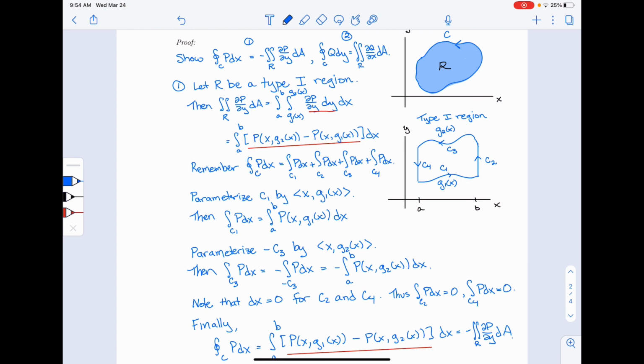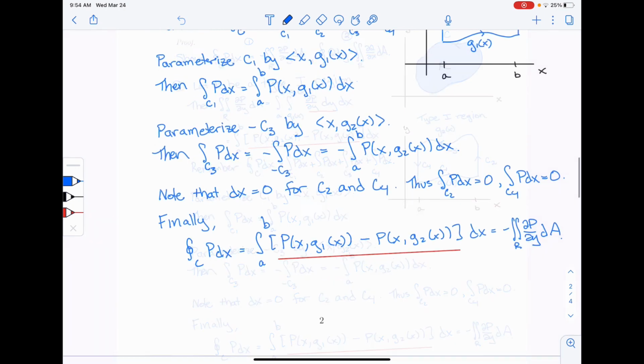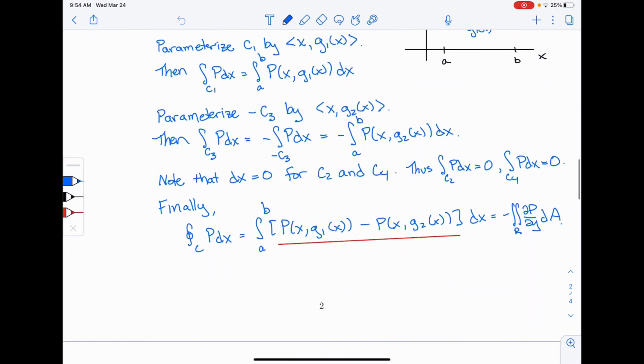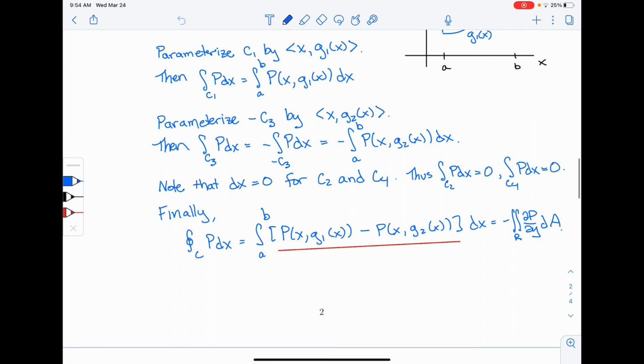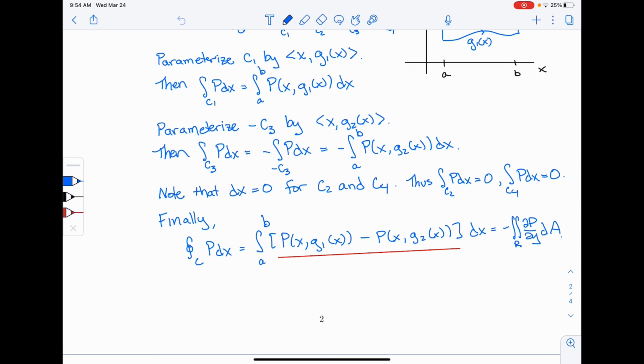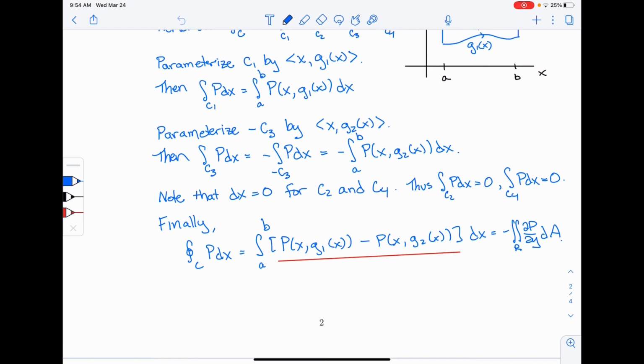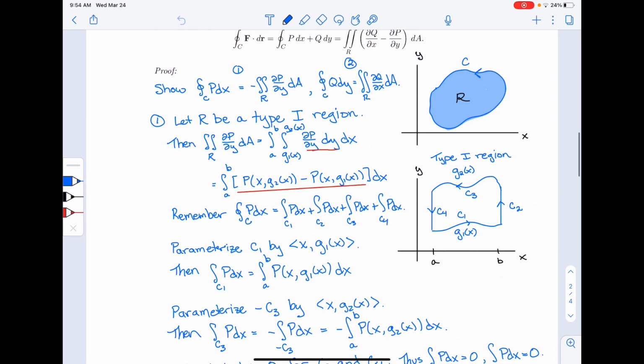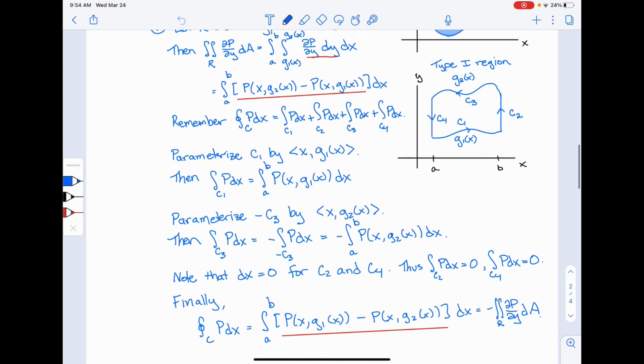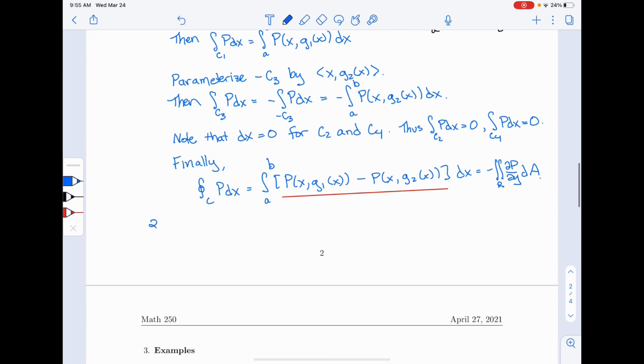So now I want to make one final comment. That comment is about type 2 regions. If I want to show number 2, that the integral over C of q dy is equal to the double integral of dq dx dA, what I do is essentially the same proof, but now over a type 2 region.